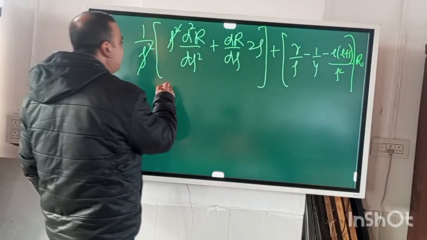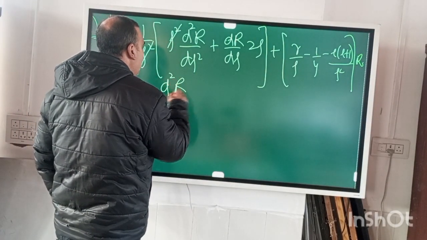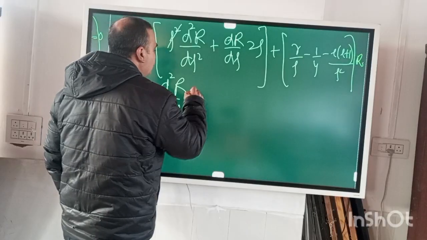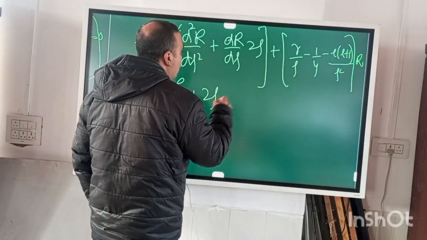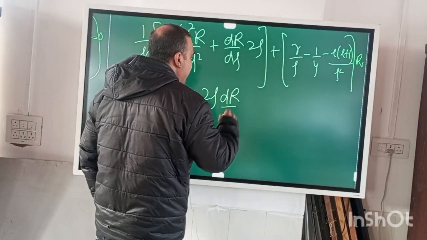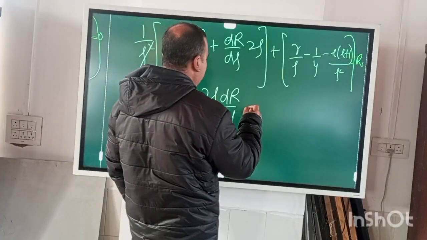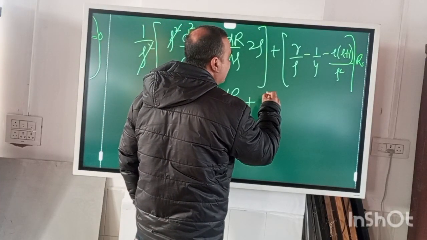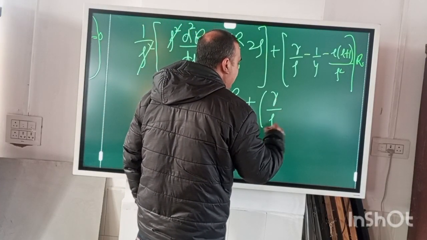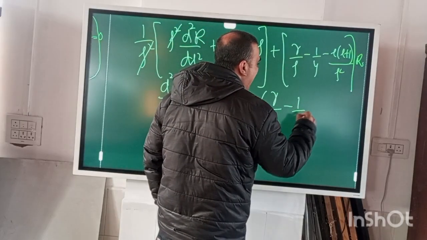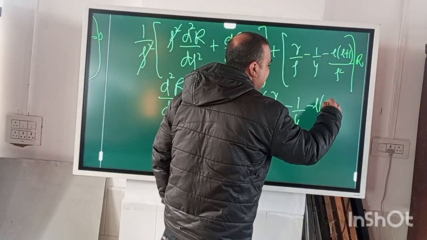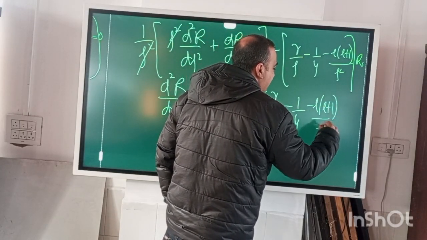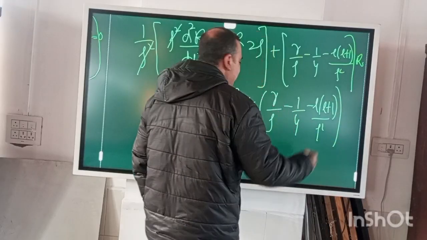So what you are left with is d2r by d rho 2 plus twice rho dr by d rho, plus the same things, gamma by rho minus 1 by 4 minus L times L plus 1 by rho square, times r.